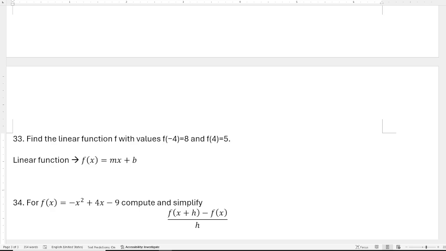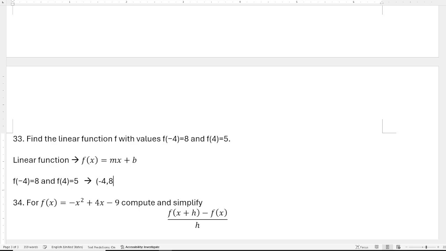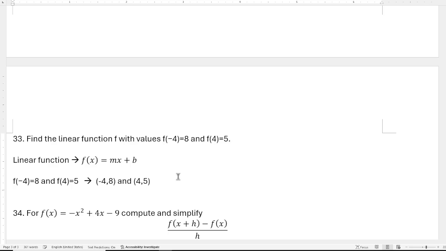But before we do that, we have to convert this into coordinates. So since x equals negative 4 is plugged in and the output y is 8, it means that the graph passes through negative 4, 8. And also, if you plug in 4 and you get 5, then the graph passes through 4, 5. So now we can figure out the slope m.